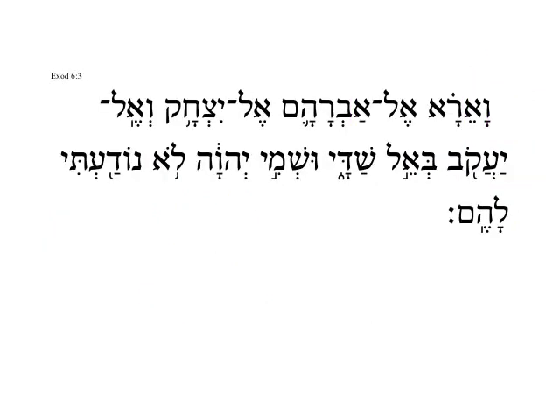And an illustration from Exodus chapter 6, verse 3. Vaera el Abraham, el Yitzhak, v'el Yaakov, b'el Shaddai, ushmi Hashem lo nodati lahem. The verse begins here. This is a speech of the Lord to Moses.